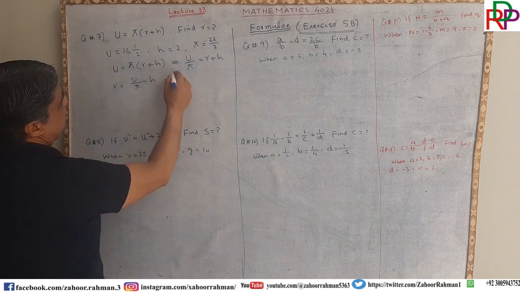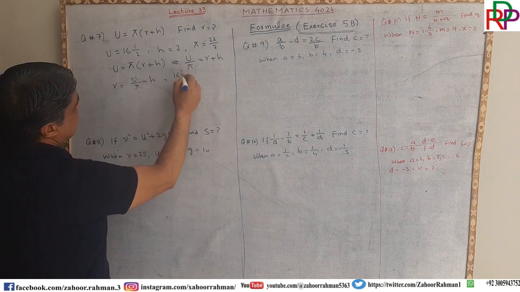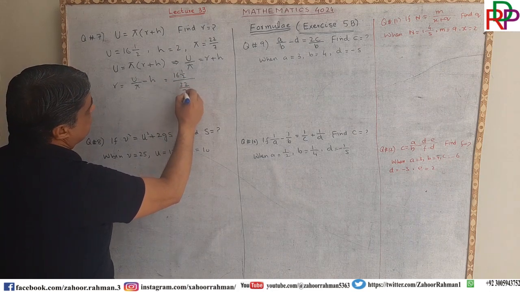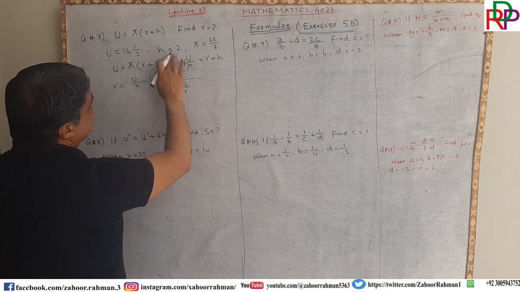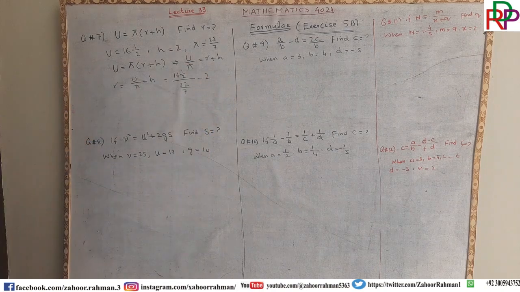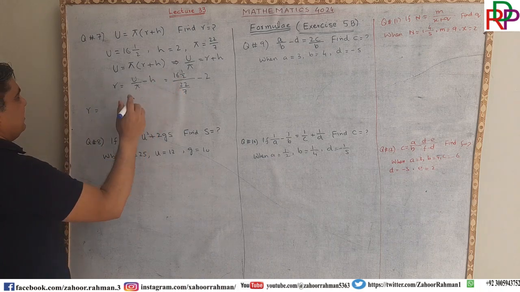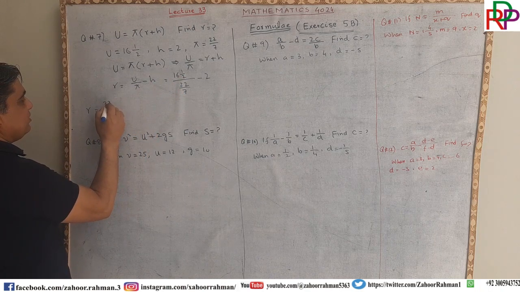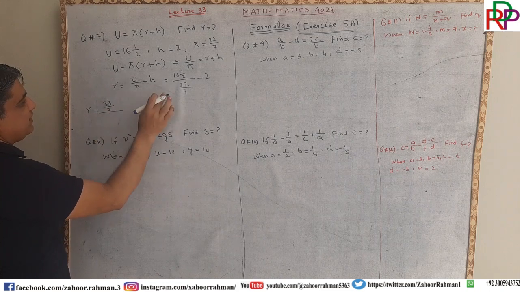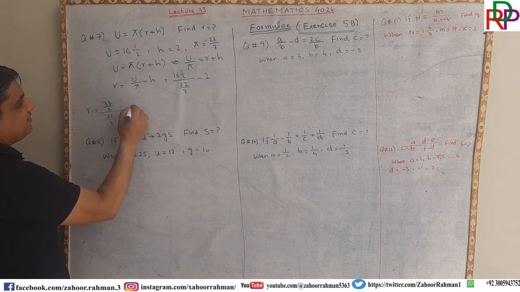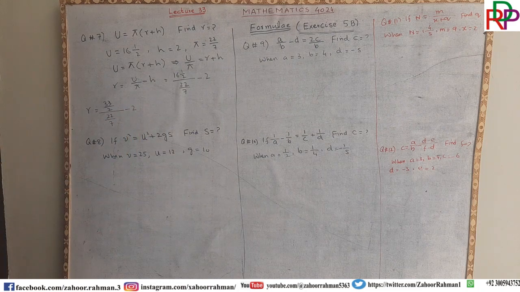U is equal to 16 whole 1 over 2, 22 over 7 minus h, and h is 2. Let us first evaluate 33 over 2 whole divided by 22 over 7 minus 2.